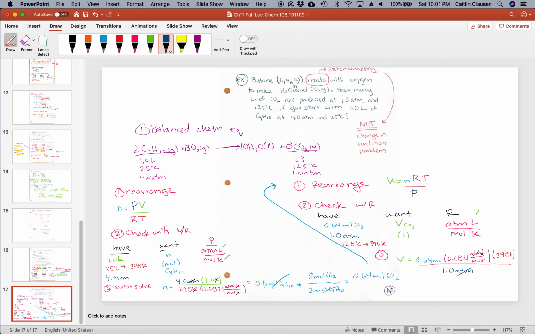Atmospheres will cancel, Kelvin cancel, moles cancel, and I need liters. So our volume is equal to 21 liters of CO2 produced.